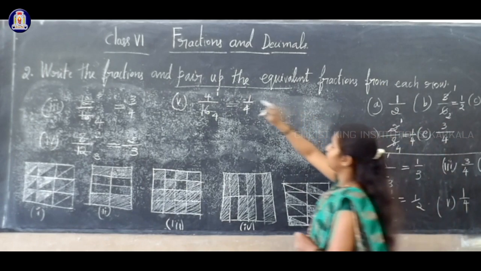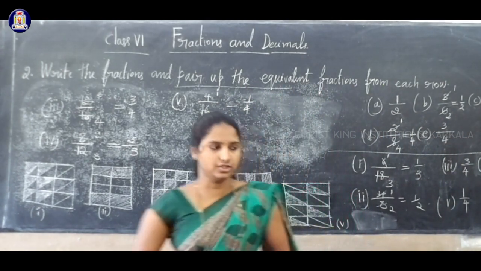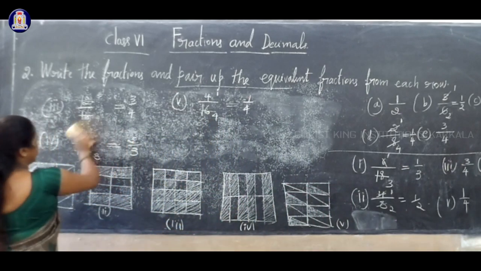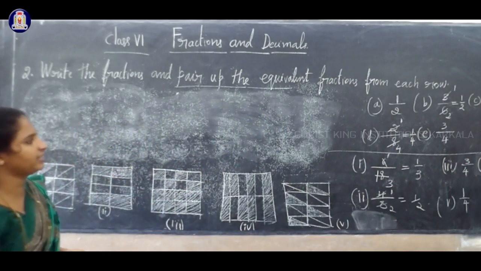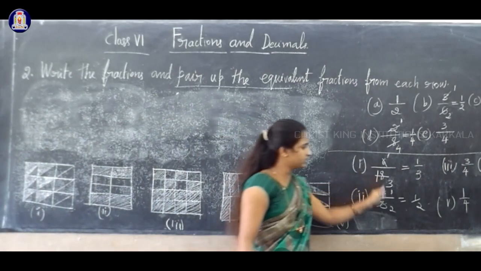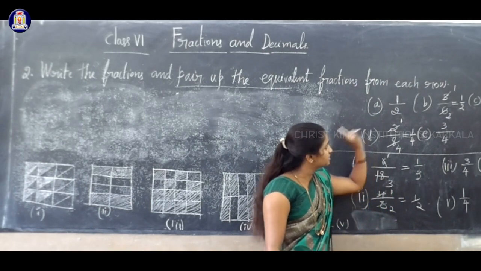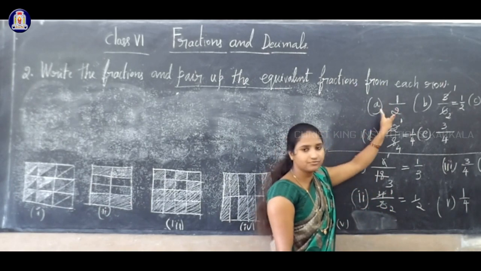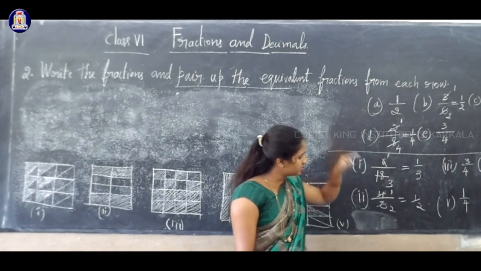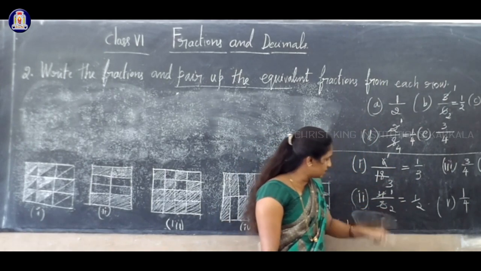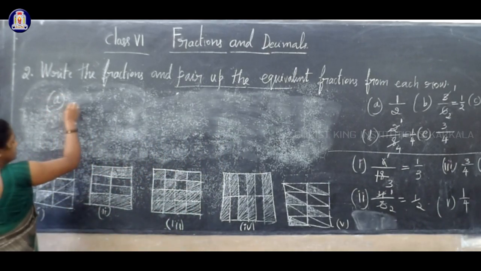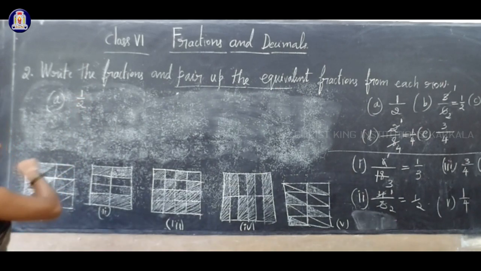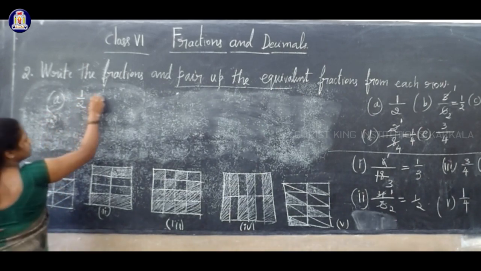Now we have to pair the equivalent fractions. Now compare the first fraction 1 by 2. Is there 1 by 2 in the second row? In the first row, first figure, the fraction is 1 by 2. In the second row, second figure, 1 by 2. So we can say that A is 1 by 2 in the first row, and in the second row, the second figure is 1 by 2.